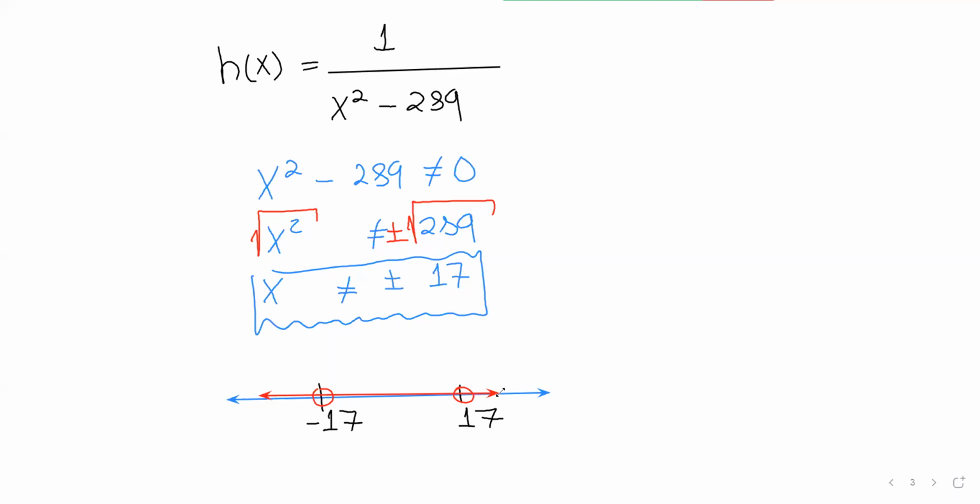Great, but how would I format this in interval notation? Well, from negative infinity to negative 17, union, the shaded region between these two numbers, from negative 17 to 17, union from our excluded value to infinity.